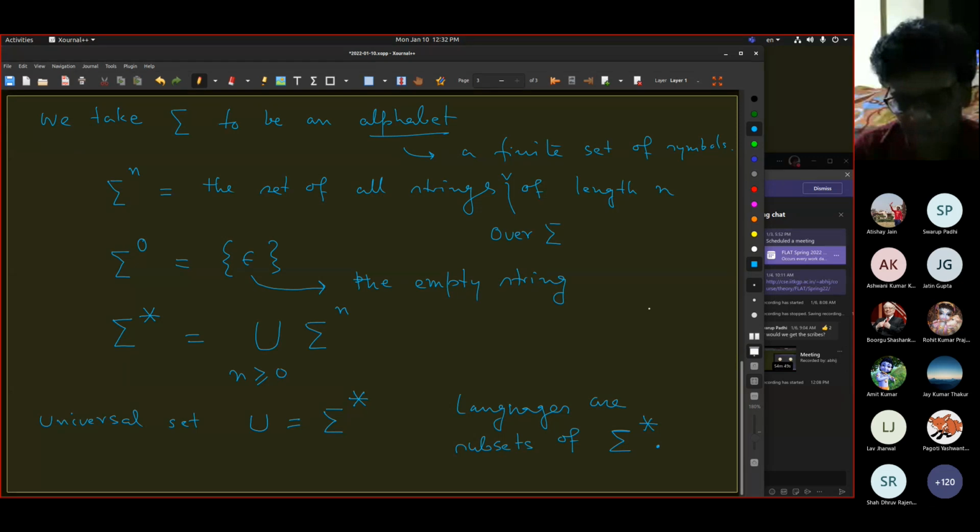Yes, sir. So considering languages as subsets of sigma star is not at all harmful, but it's a very good and simplifying convention. Not a bad idea, actually.